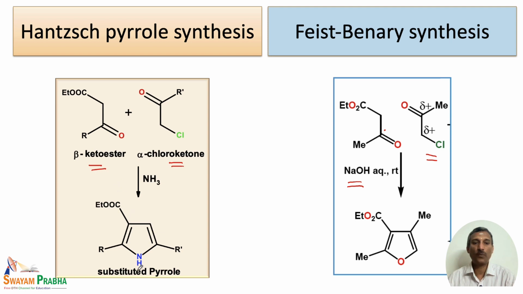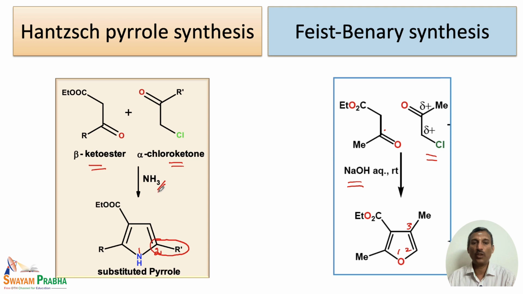So, here we end up with a different substituted pyrrole, and if you look at the position, here we have the alkyl unit present on the second carbon. Let us say if we are numbering this as 1 and this as 2, we end up with a 2-alkyl substituted compound, whereas in this particular case when we talk about the furan, we are actually getting a 3-substituted derivative. So, that is the major difference between these two reactions.